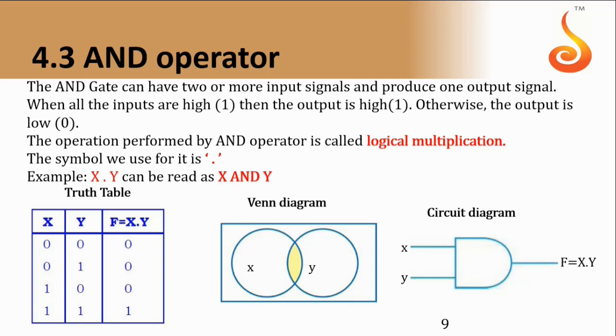The AND gate can have two or more inputs and produce one single output. In the diagram you can see two inputs, x and y, and the output is x dot y. Suppose x is 0 and y is 0, the result would be 0 because x dot y is 0. You can see the truth table here: only when both x and y are high, or 1, will x dot y be 1, otherwise it will be 0.